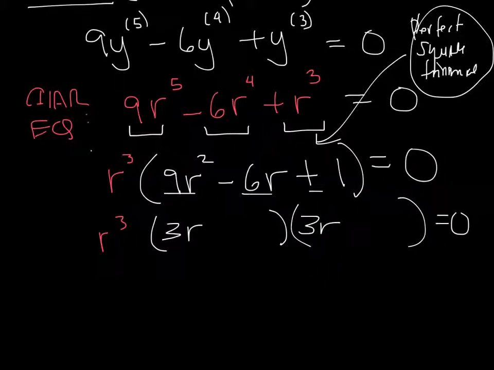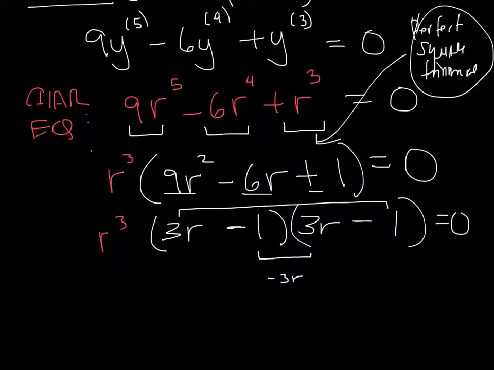You can try 9r and r, but it's not going to work. 1 times 1 is obviously 1. And I know these guys are going to be negative, because you're really unfoiling. Again, that's just what factoring is. This guy is negative 3r. Well, this times this is negative 3r, so that gives me negative 6r, which is what I want.